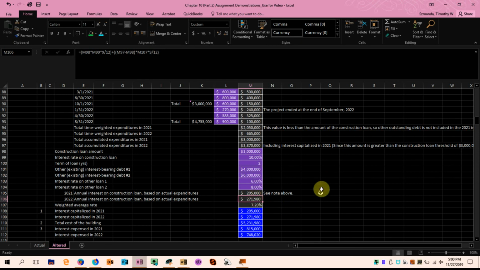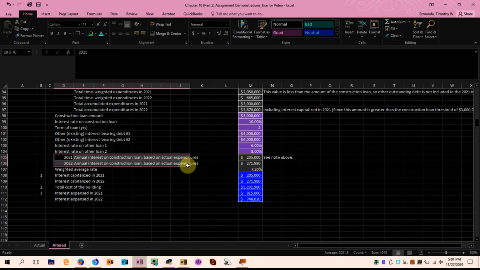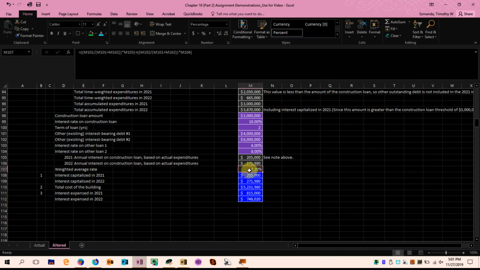That is the most challenging part of this particular problem. It's just a matter of applying some of the principles of capitalizing interest. And again, just to reiterate, remember this weighted average only applies to the weighted average of the two non-construction loans. And we only apply that 7.2% against the $870,000, the amount that exceeds the $3 million construction loan.